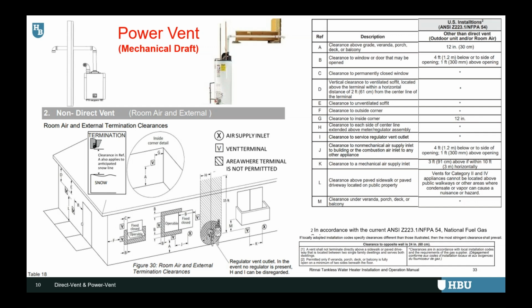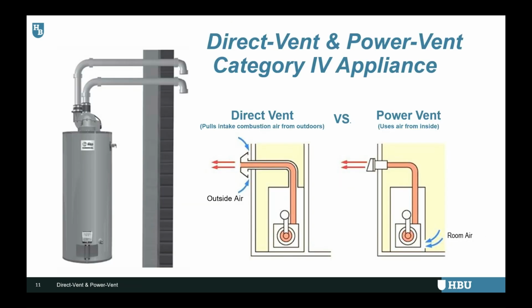All right, we've covered the essential differences between direct vent and power vent systems, focusing on why their termination requirements are so different and why following those requirements is absolutely critical.